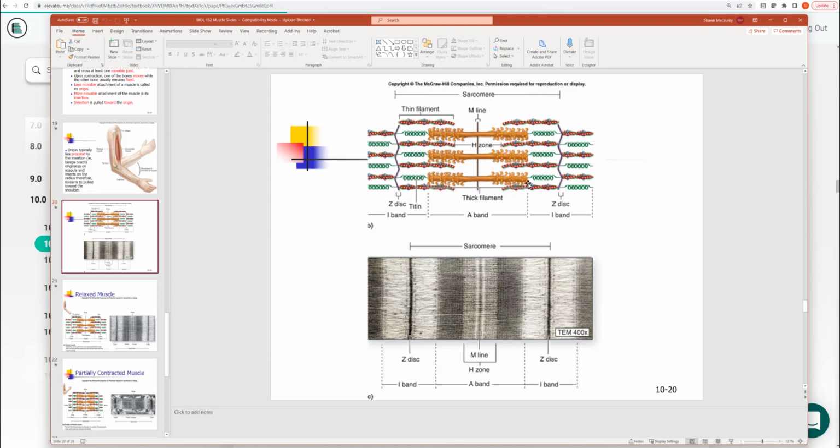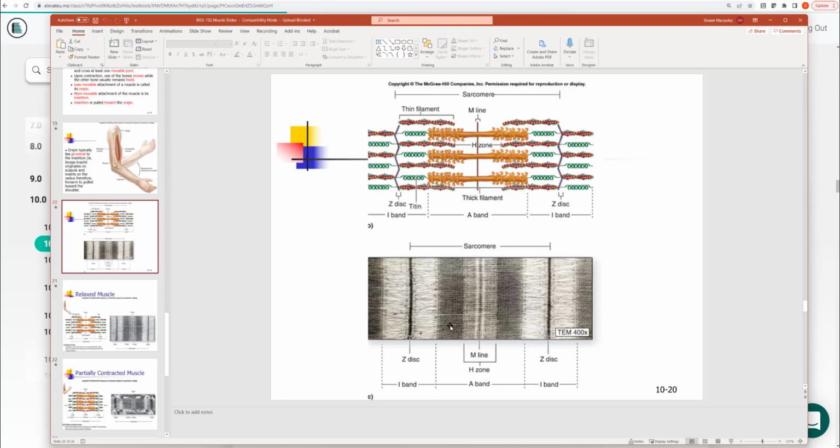Take a look here. See here the myosin, which is in yellow in this artist's rendition, and the actin, which is this red protein. Notice it right here where I'm circling. These proteins are overlapping. There's a greater density of proteins. Look straight down, this is lined up. That gives you a dark band. And then there are places where there are not overlapping actins and myosins, and that provides a lighter colored band.